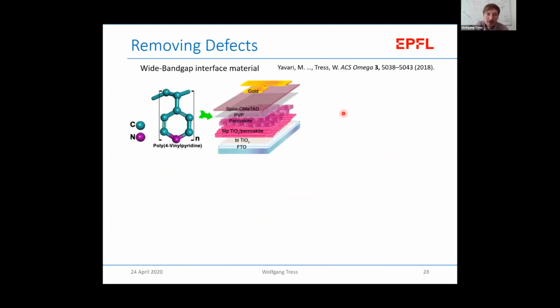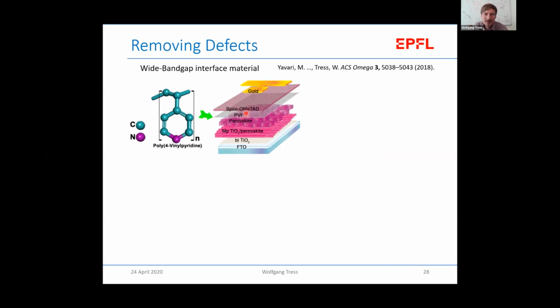We also tried to put, for example, some wide gap material like this PVP polymer in between, to see whether we can also avoid interfacial recombination, because before we also saw that dopants in this material might influence recombination at the interface of the perovskite.